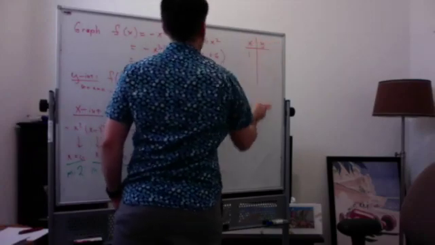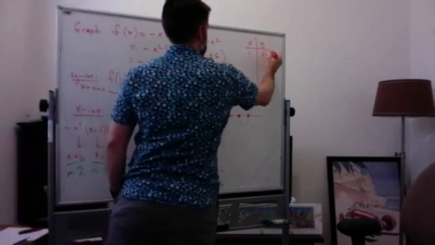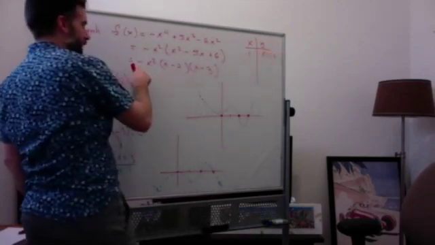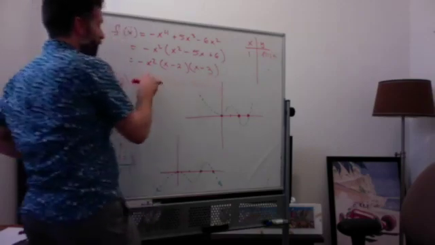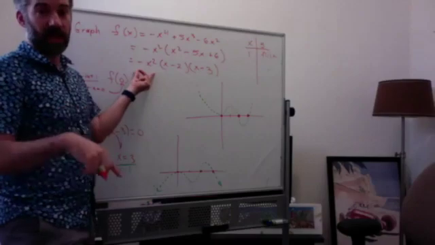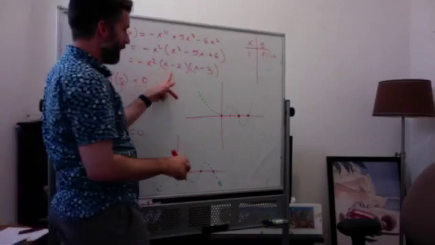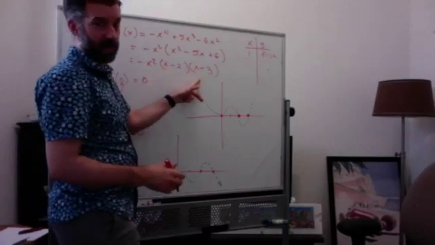If I pick 1 for x, y is going to be f of 1. And f of 1 is negative 1 squared. So be careful. This is a negative 1 squared where the squaring happens before the negative. So it's going to be a negative 1 times negative 1 times negative 2.